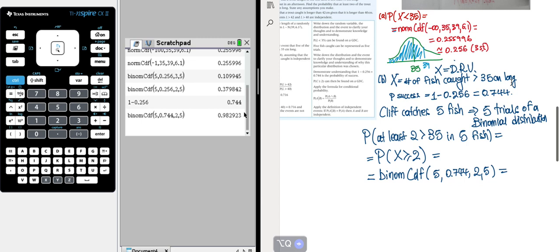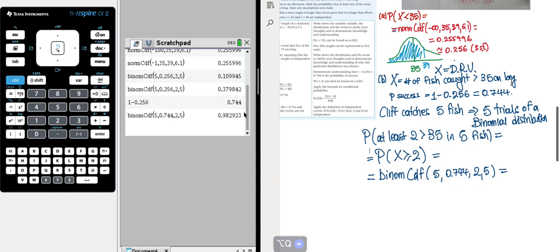So making the assumption that each trial is independent from the previous one, which is not quite true because one less fish will change the probabilities slightly. But if we talk about a large number of fish, then we assume that the probabilities remain the same.